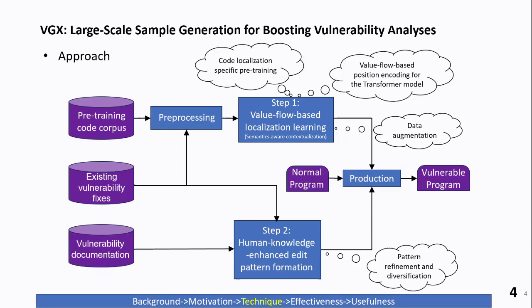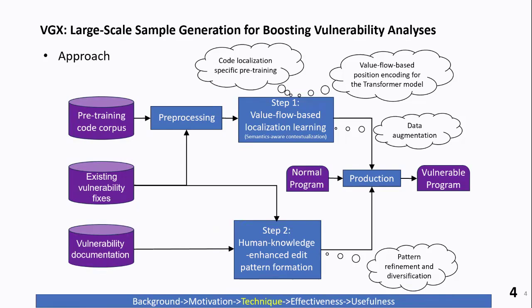I just remove some of the statements randomly, and the learning objective is to find those missing statements back. That's it. In this way, I can use an enormous amount of data to pre-train my model. The purpose of doing this is to make the model more sensitive to code locations.